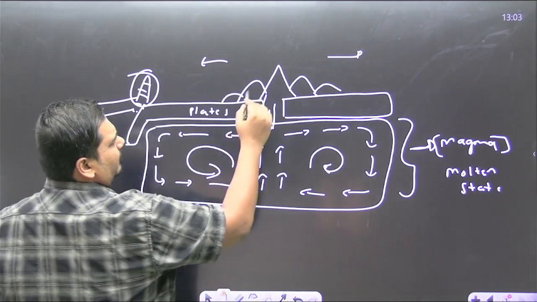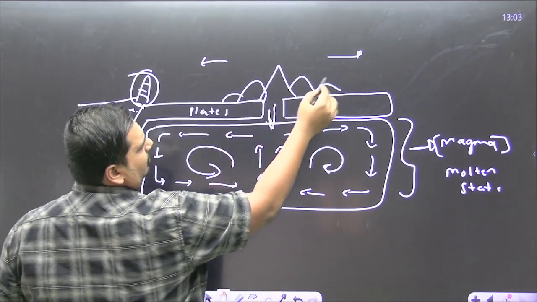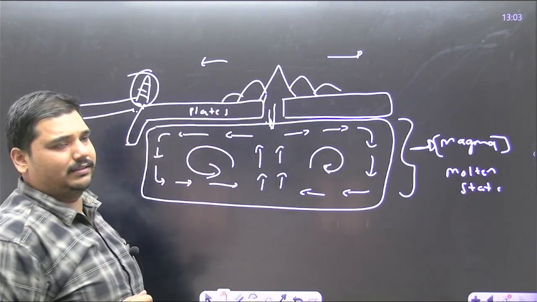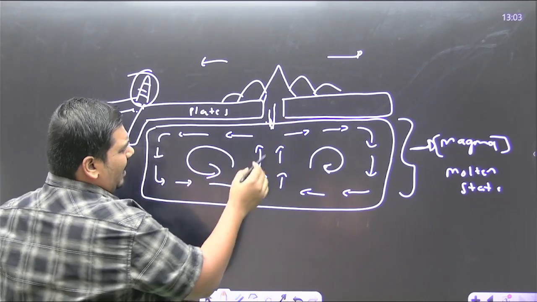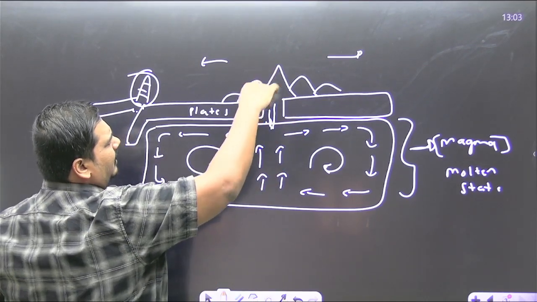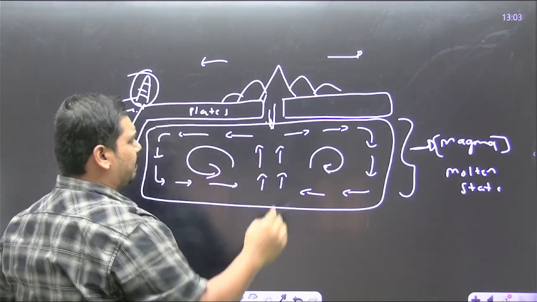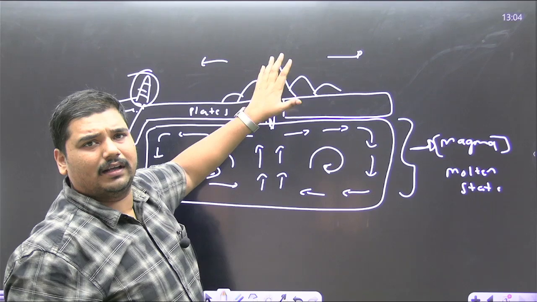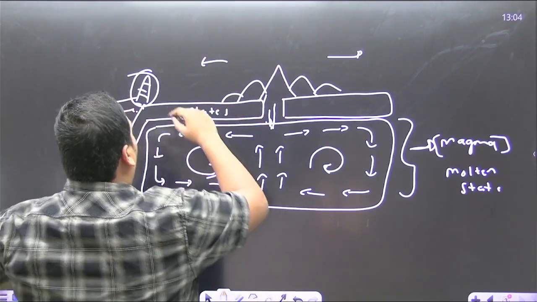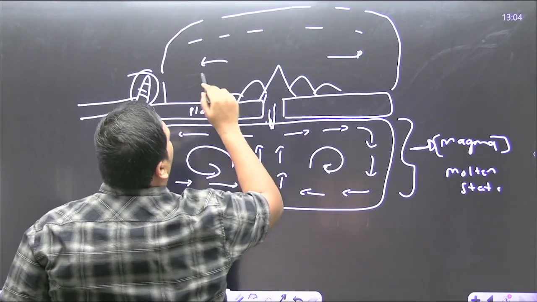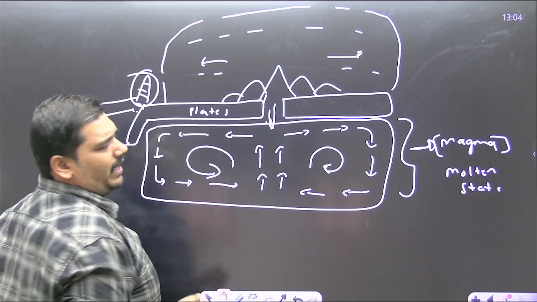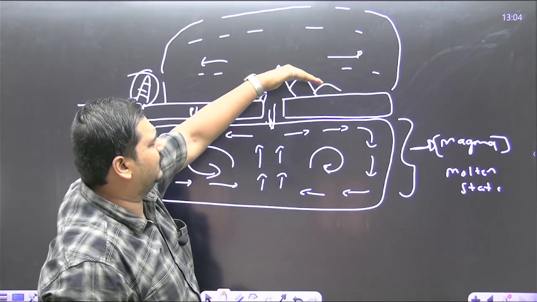With time, as you can see, I have drawn various mountains. I have not drawn a single mountain because every time there is an eruption and formation of a mountain, since it is all occurring under water, these mountain ranges are subjected to erosion. Therefore, they reduce in size.